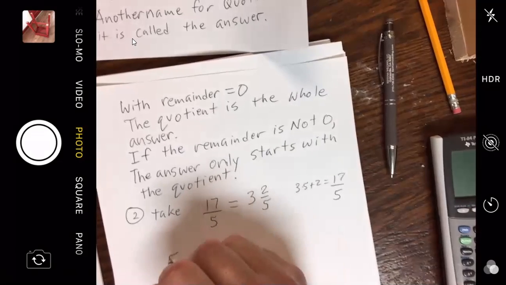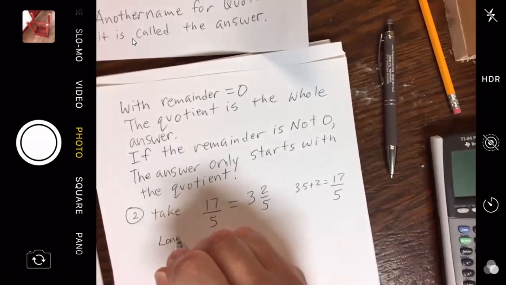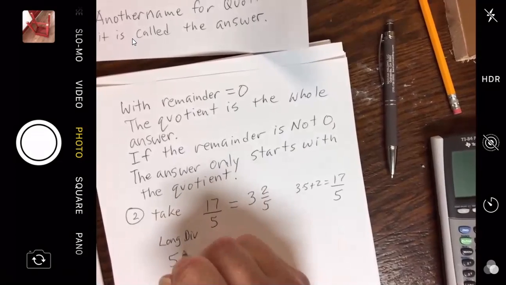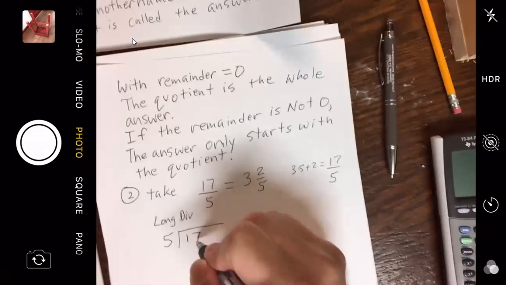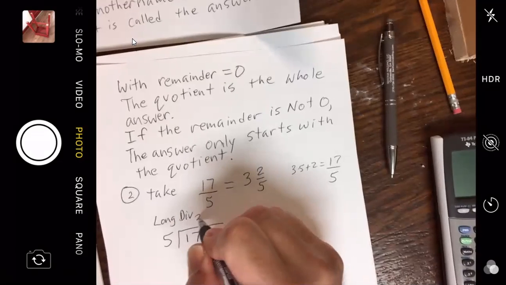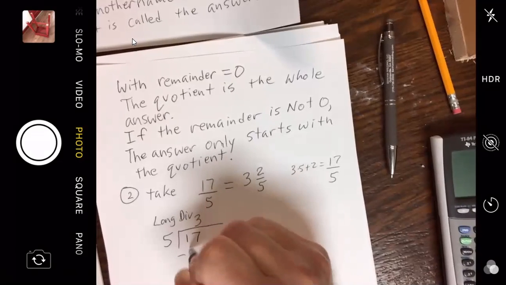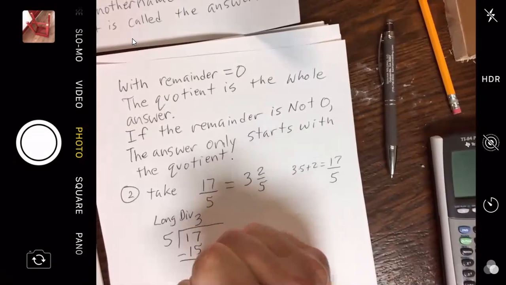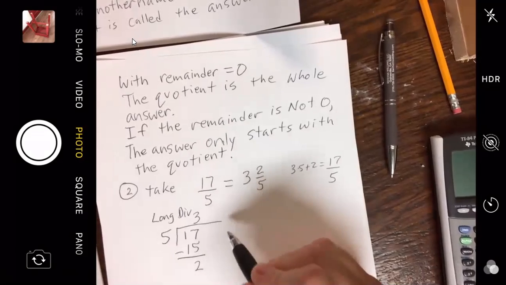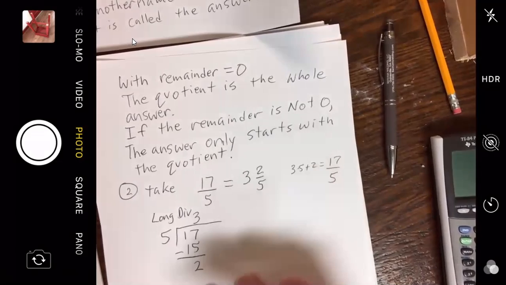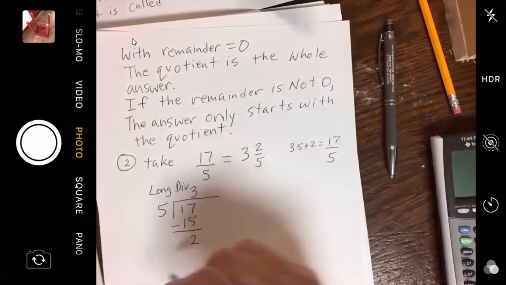Okay, divide it out long way, long division into 17. Well, it doesn't go in evenly, so it goes in 3 times, multiply back, 15, subtract, and you get 2. Now, we could get decimals up here, but we're not going to play it that way. We're done.